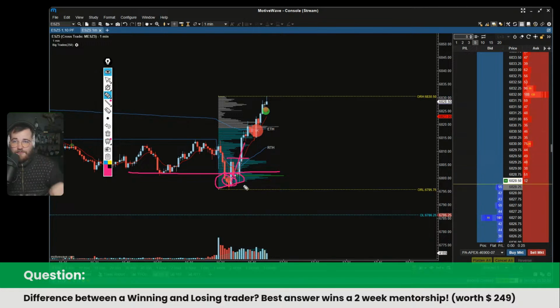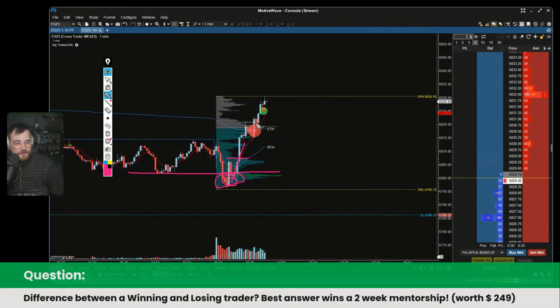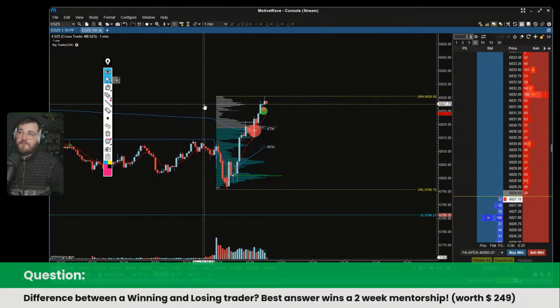We made a higher high on a very small, specific time frame, and then another seller got stuck at ETH VWAP. So not a good day for sellers. Another seller here, and now a buyer as well. So we're seeing a little bit more big buy orders in the market as well.